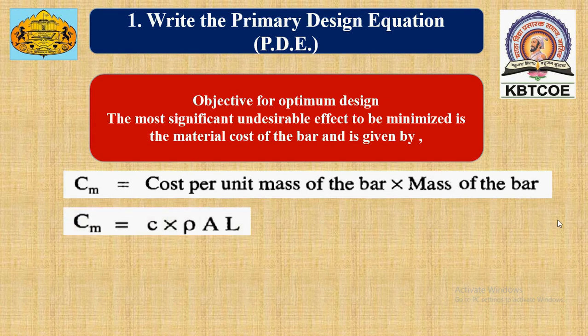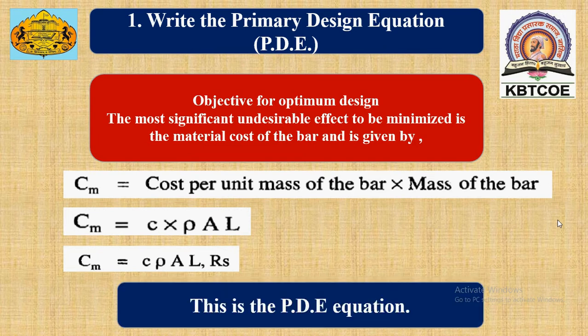The total mass of the bar is rho into cross-sectional area of the bar into length. So CM is equal to C rho AL in rupees. This is our primary design equation.